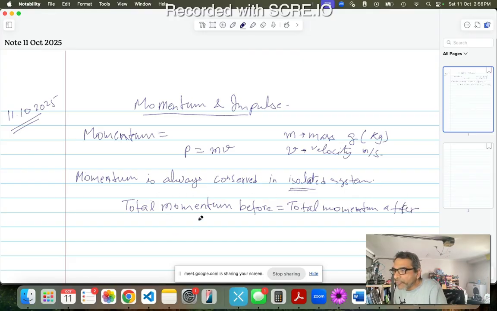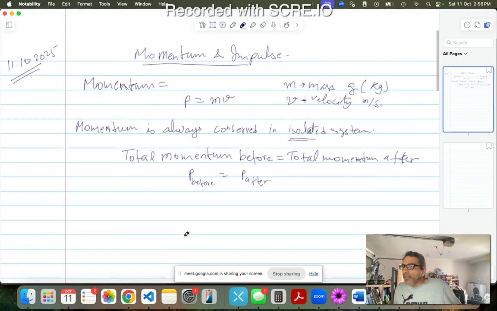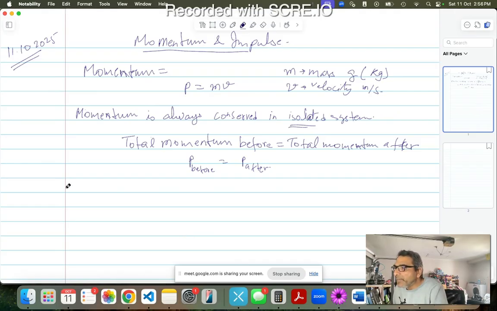So if we have P before, it will equal P after. All right, so this is the first concept, and the second concept is the impulse.